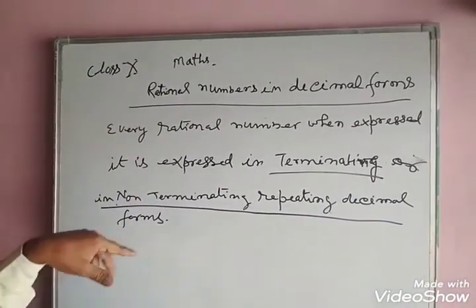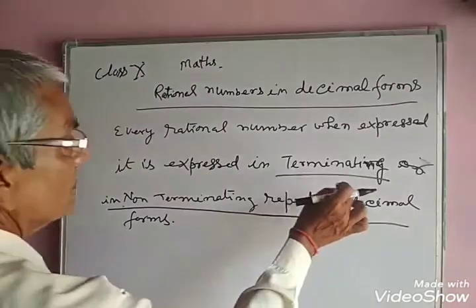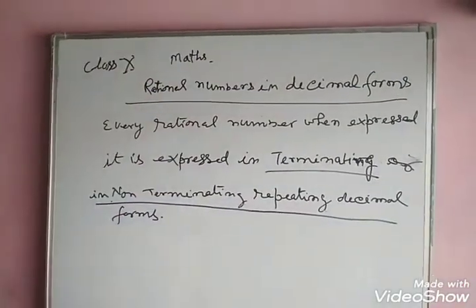There are only two forms in which any decimal number can be expressed, terminating terms or non-terminating terms.